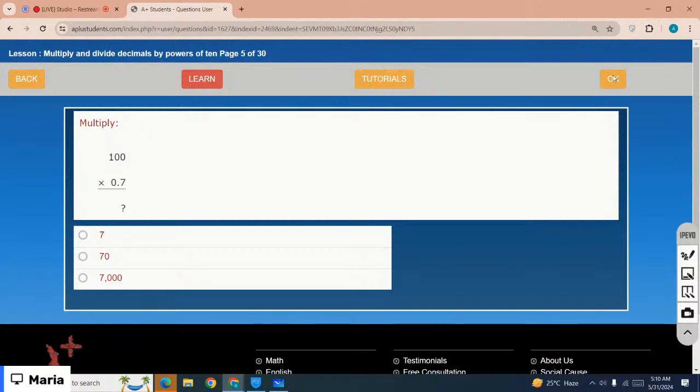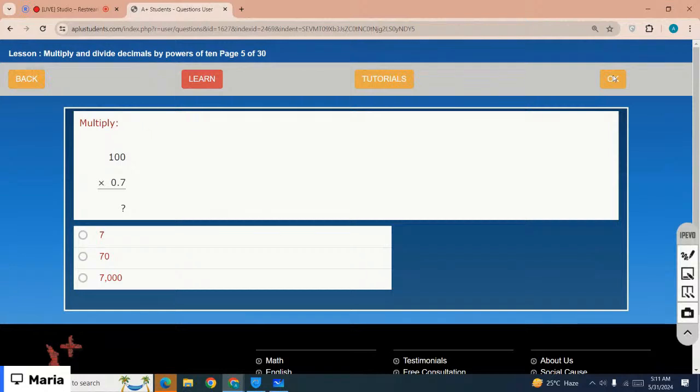100 times 0.7. So which is the correct option? You are multiplying.